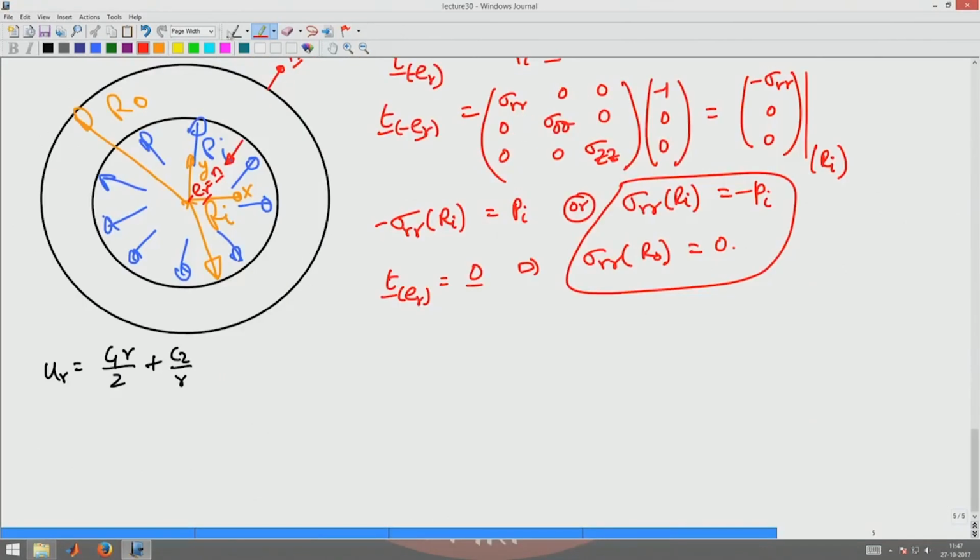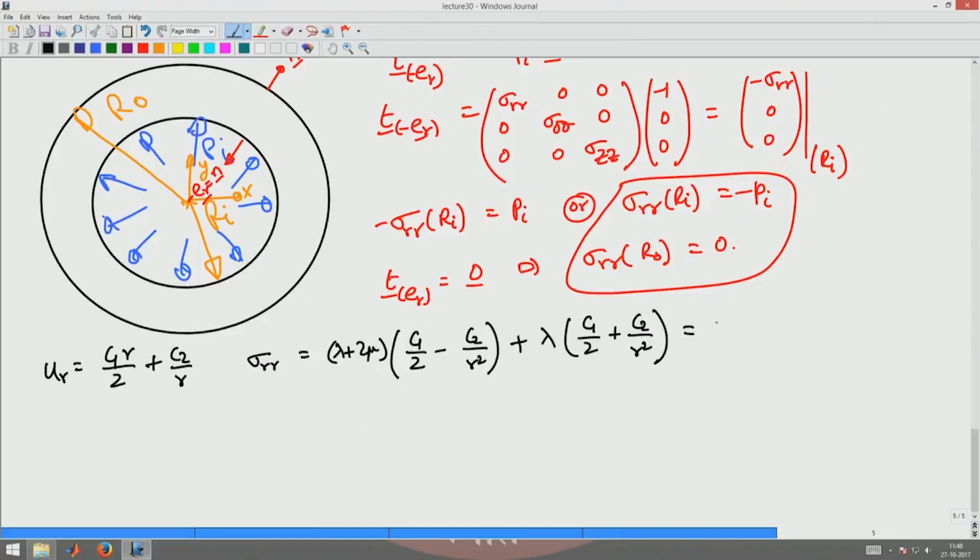So, sigma RR now becomes lambda plus 2 mu times C1 by 2 minus C2 by r square, plus 2 mu plus lambda times C1 by 2 plus C2 by r square, which can be written as lambda plus mu times C1 minus 2 mu C2 by r square.